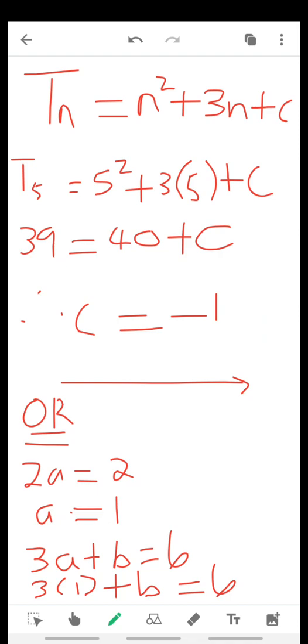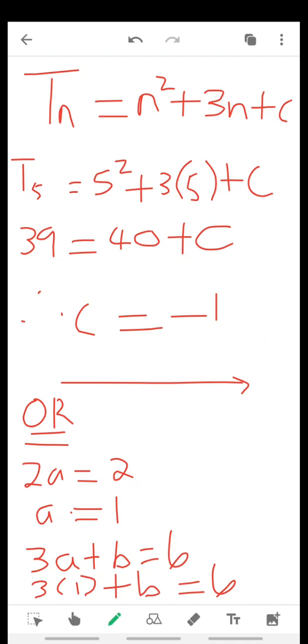But what I've done, I've used the general form of the equation of the quadratic that they gave me, which is Tn equals an squared plus bn plus c. I substituted all that I know. Then I had Tn equals n squared plus 3n plus c. But I know what T5 is. So immediately I say T5, wherever there is n, I put 5. But T5 is 39, and therefore c equals minus 1.